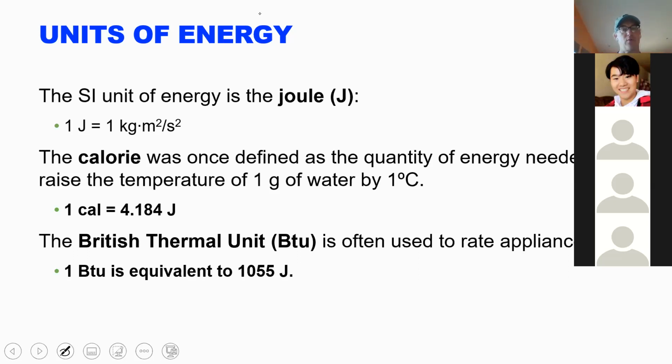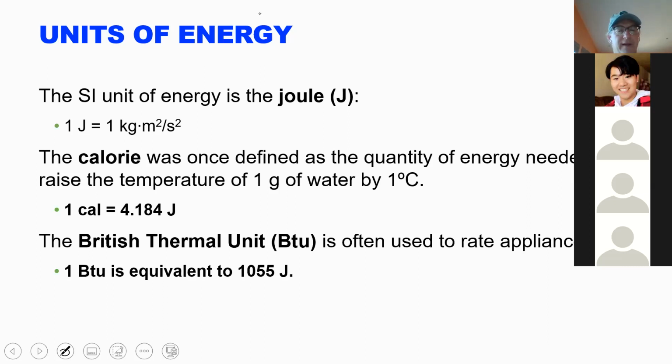And so the calorie went out of favor and the joule came in. Because the calorie was defined as energy in only this one way, and the joule defines energy for every other thing on the planet. So that's why we're now stuck with this 4.184 rather than 1, which would make our calculations a whole hell of a lot easier, right?